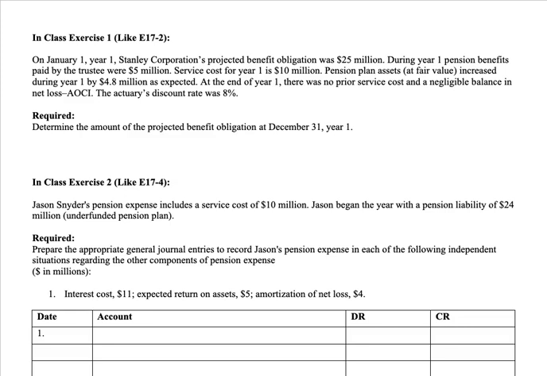Now, when we're talking about a defined benefit plan, there's really three things we have to understand. One is the projected benefit obligation. That's the amount that we are expected to have to pay out in future pension claims. In other words, the amount of retirement funds we will eventually have to pay out to our employees. That's called the projected benefit obligation, or the PBO is how I refer to it a lot of times.